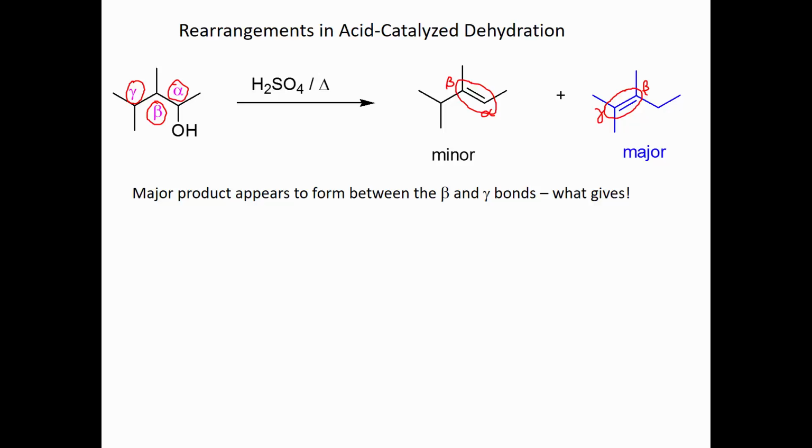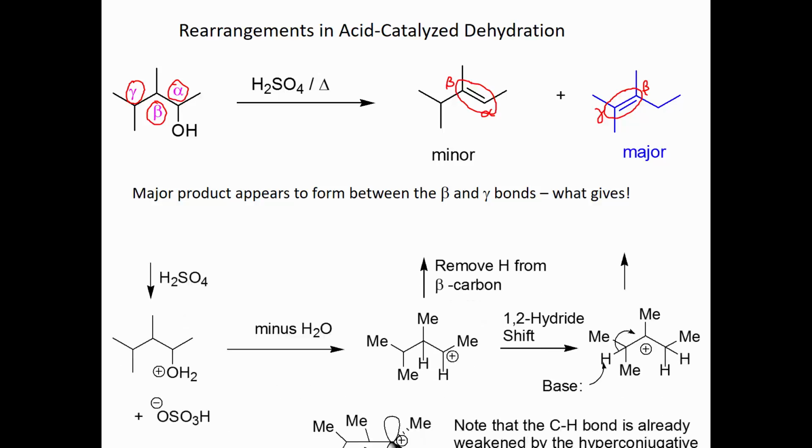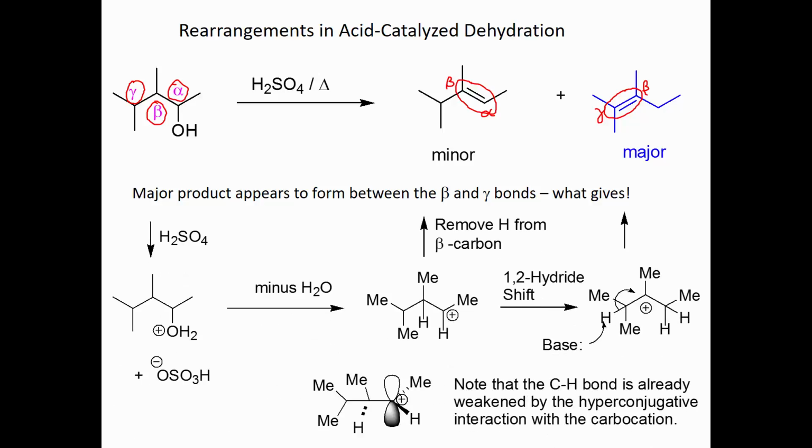Okay, so what is happening here? How did this occur? Well, it has to do with the structure of the carbocation intermediate. Let's look at the mechanism. We're going to find that the early stages of this mechanism don't vary from what we discussed previously.